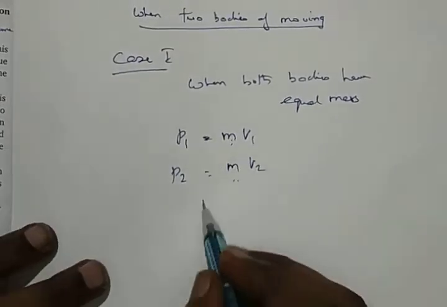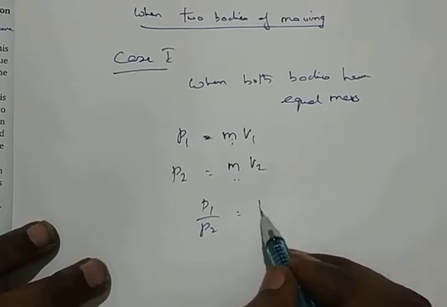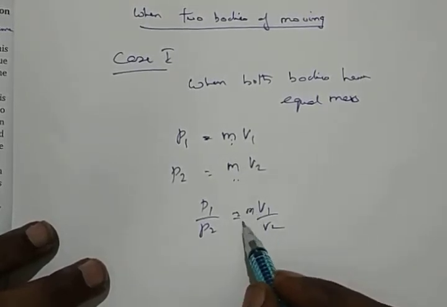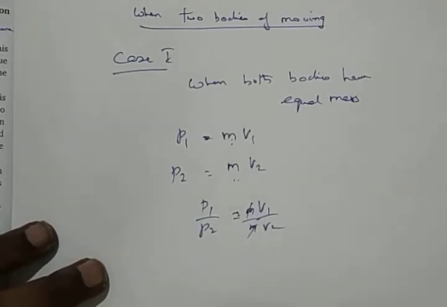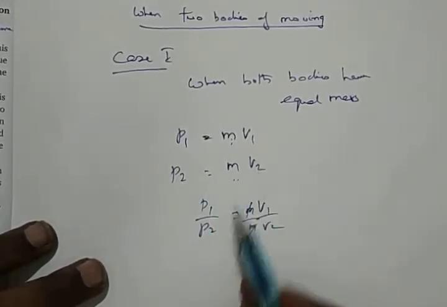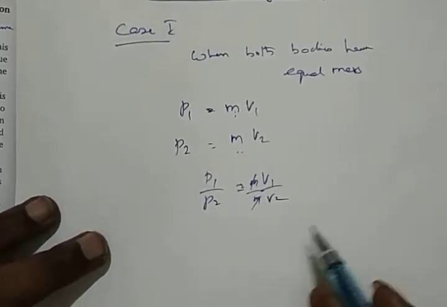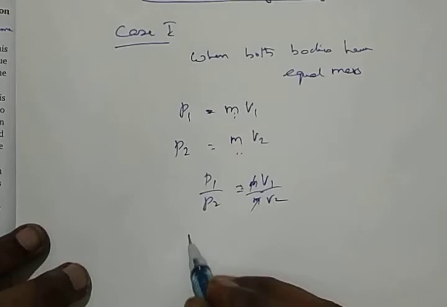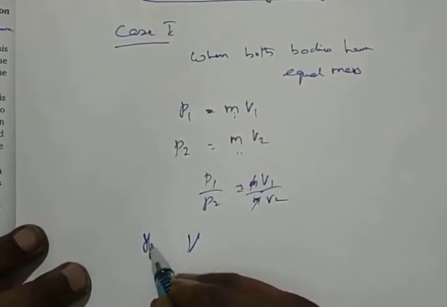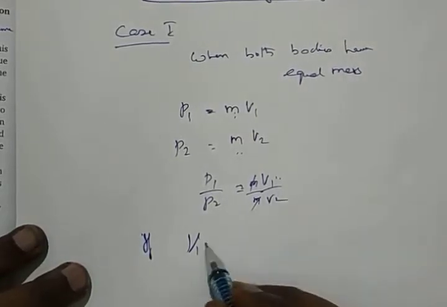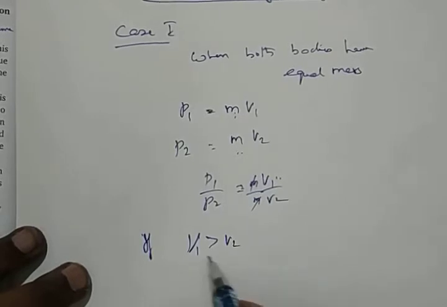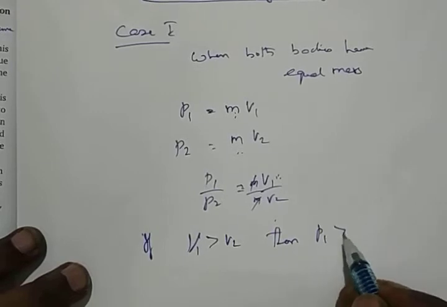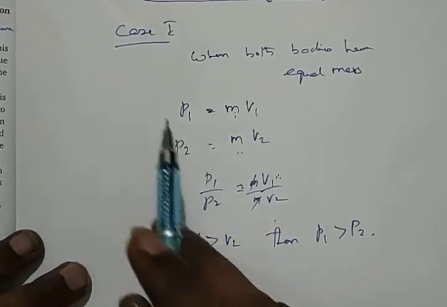So divide both: p1 upon p2 is equal to v1 upon v2, as mass and mass cancel. If the velocity of the first one is greater than the velocity of the second one, then p1 is also greater than p2. This is case 1.